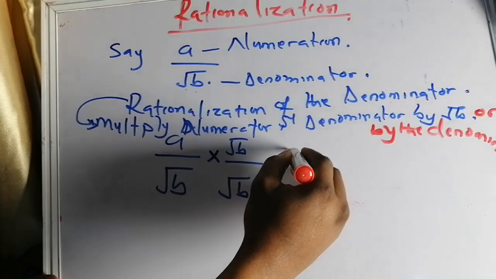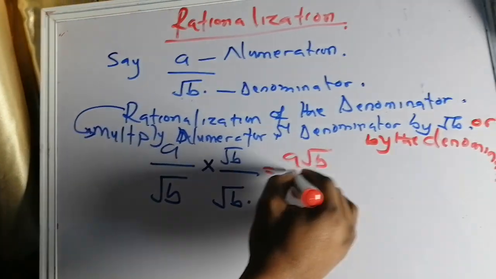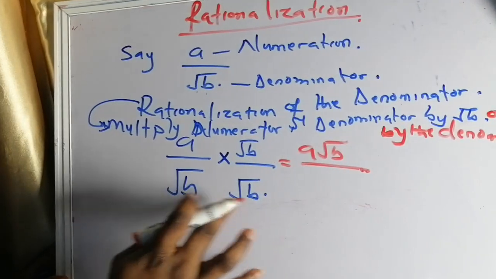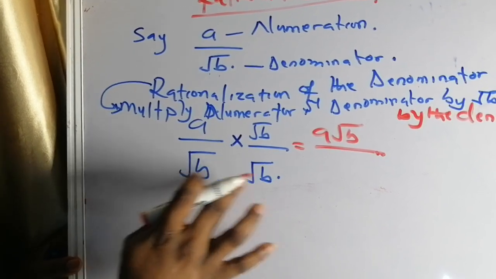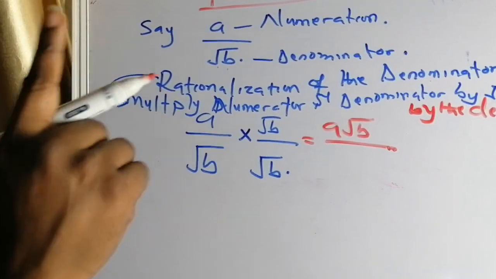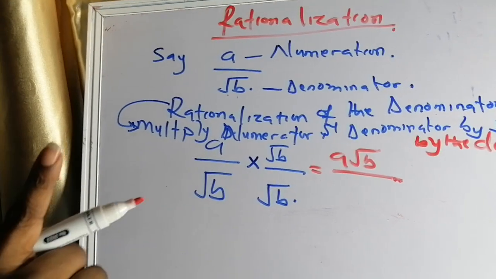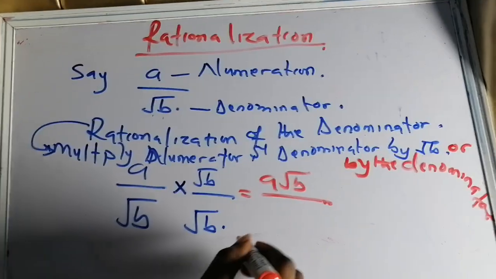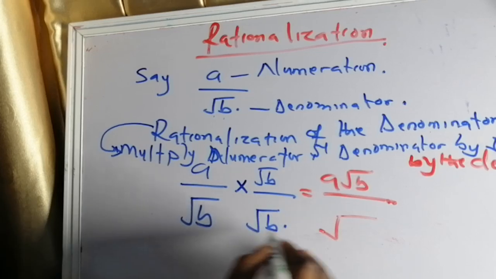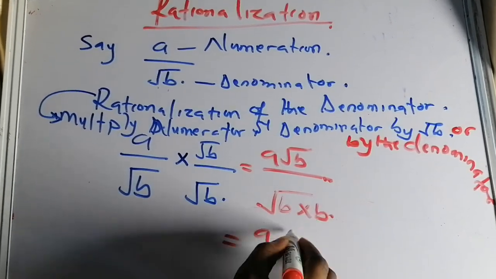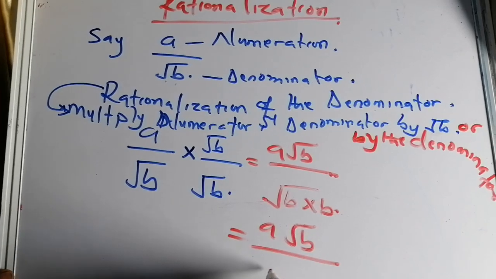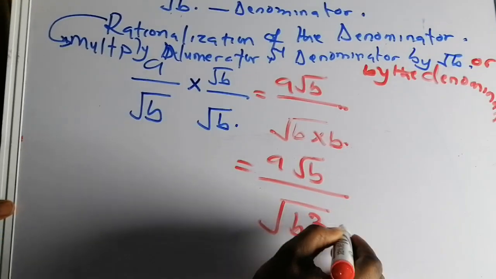So from here, I can now have root b. Don't forget, that is multiplication in surds. That is why part 2 or part 3 is very, very important. So I pick one root, I take root b times root b, so it's the same thing as a root b over b squared.